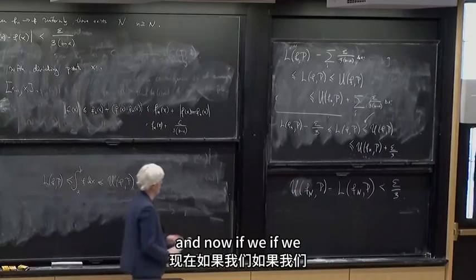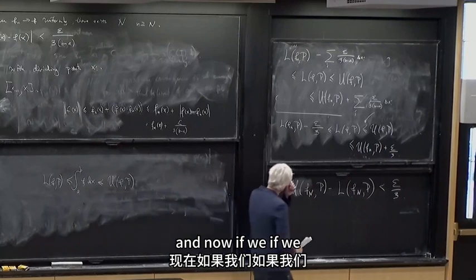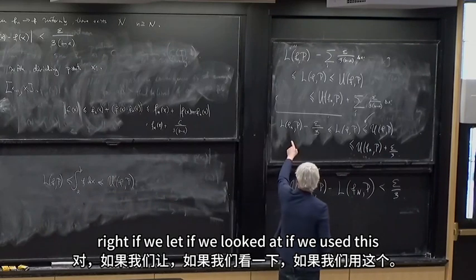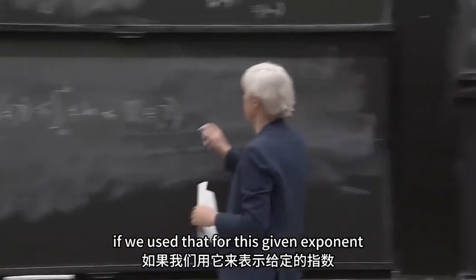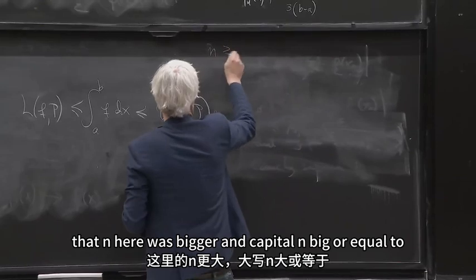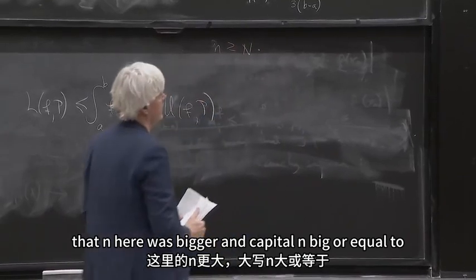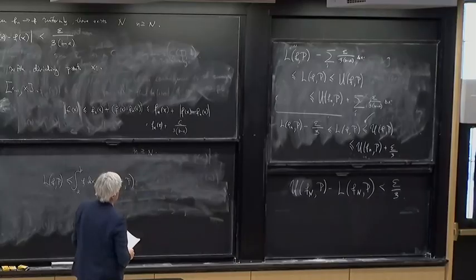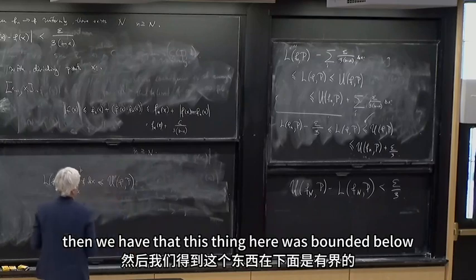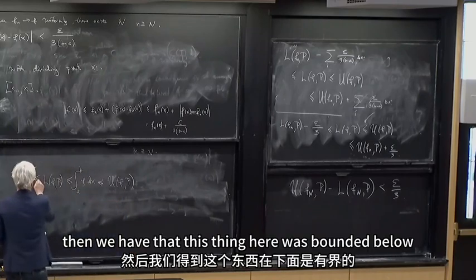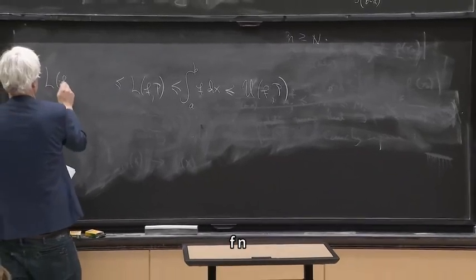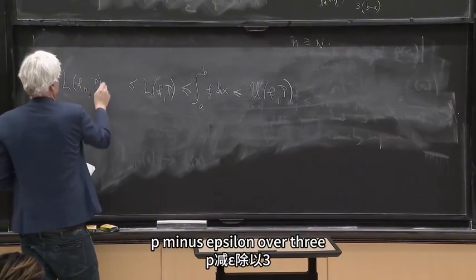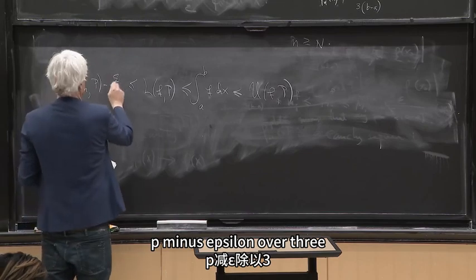And now if we use that for this given epsilon, that n here was bigger or equal to capital N, then we have that this thing here was bounded below, from this inequality, L Fn p minus epsilon over 3.